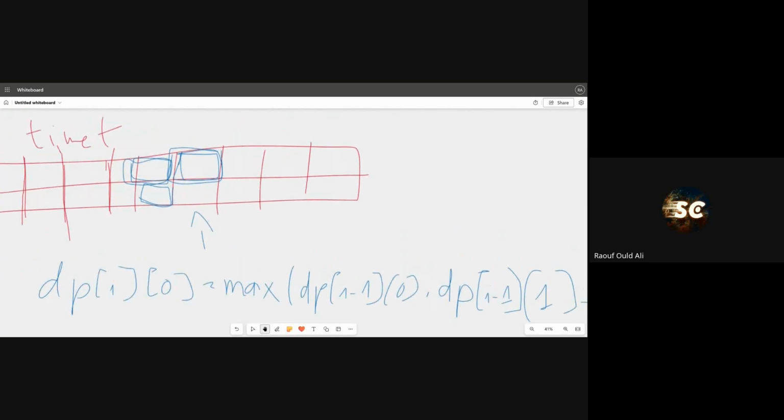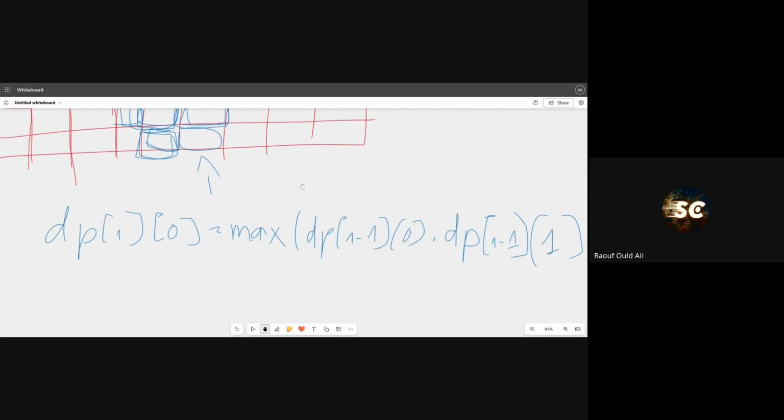Now let's move to the next cell. The last action is to buy. So we've either bought on the day before, so here, or the last action was selling, but since we cannot sell then buy on 2 consecutive days, okay, we have to get it from here.